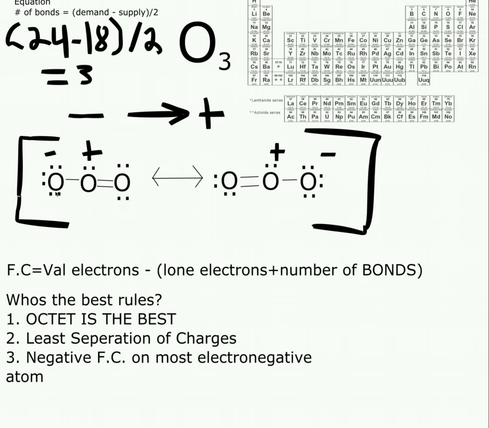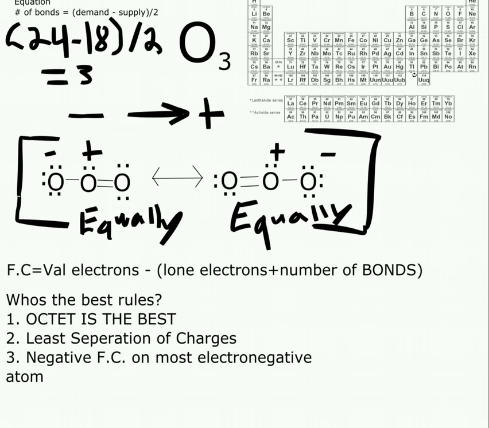Well, we have a negative on the oxygen and a negative on the oxygen, and they're identical molecules. So what we can say here is these are equally contributing to the resonance hybrid. So either one is your best structure. That would do it for this video. I hope that it helped.